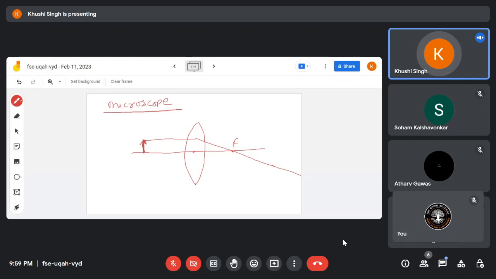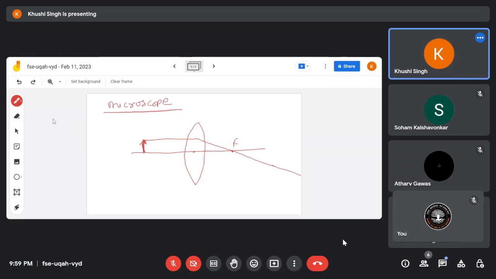And no rays will bend if your rays are passing through the center of the lens, meaning if there is a ray passing from here, it will not get refracted. Understood? It will not bend.